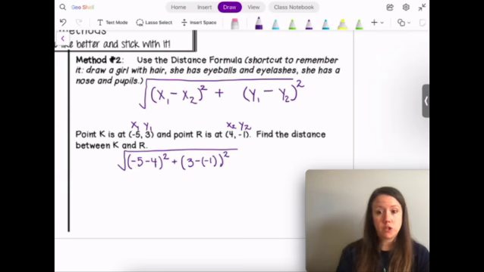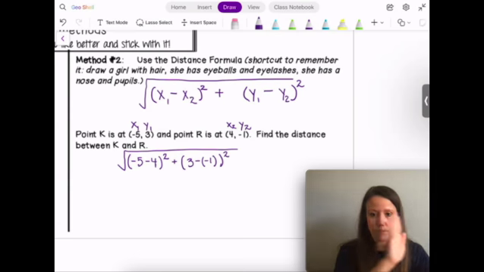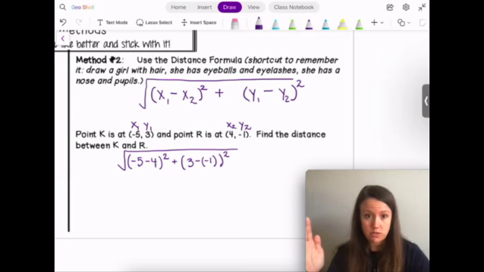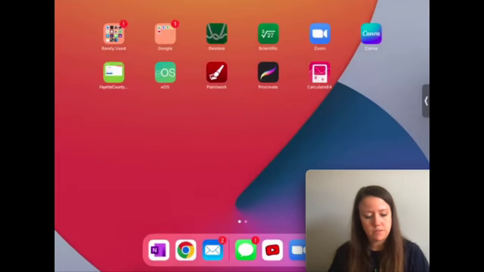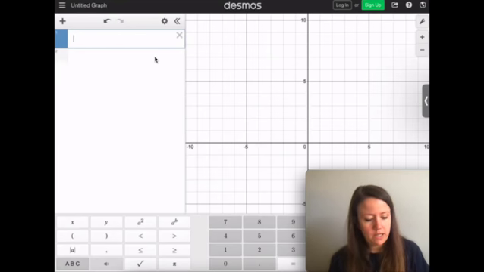Now, feeling super lazy and you have a smart calculator, you just type this in from start to finish, okay? So what does that look like? Let's find Desmos here. Hit square root button, and then start typing away.